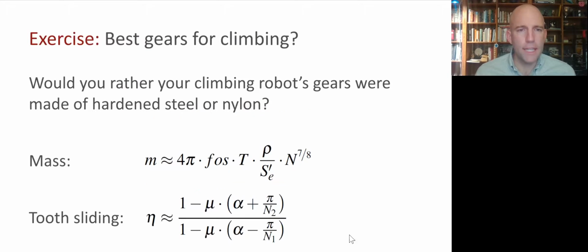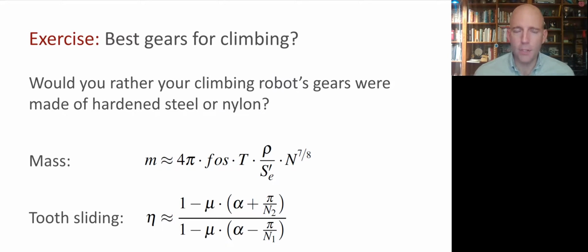Okay, so given these kind of messy equations, but that we kind of understand at this point, here's a question. Which gears would you rather have for a climbing robot? Would you rather it were made out of hardened steel or nylon?